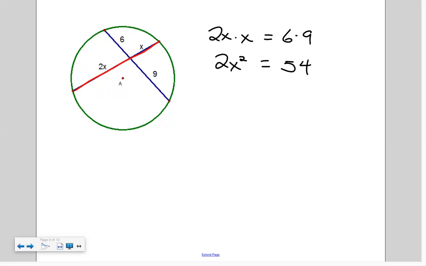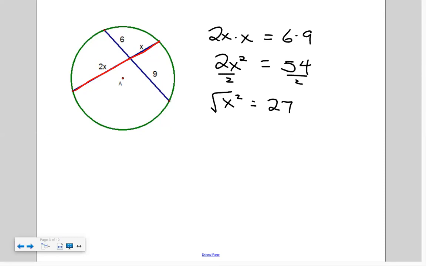All right, well, if I want to solve for x, I need to divide both sides by 2. We get x squared equals 27. Now, unless the problem says round your answer to a decimal, we want to leave our answer in exact terms.